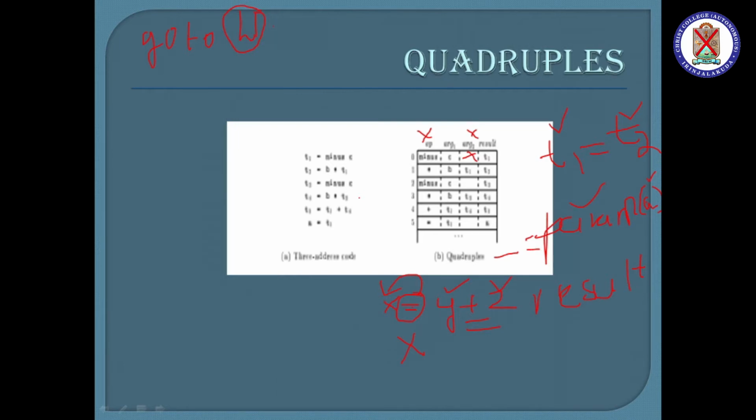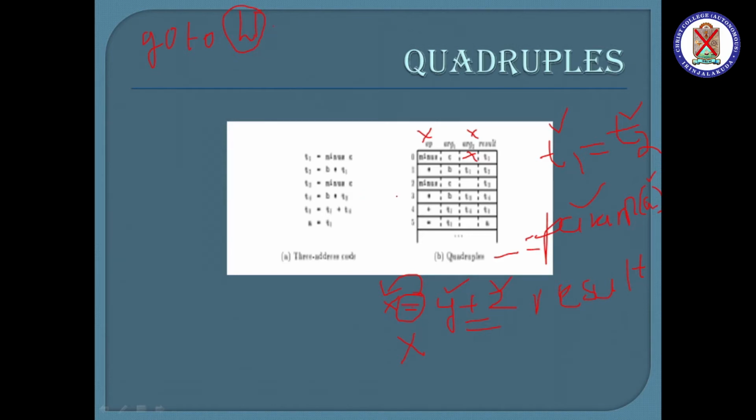The first exception is in the case of the unary operator, the second is in the case of equal to, the third is in operators like parameter passing, and next are the conditional jumps. In a conditional jump, the result will be the label, and with the param operator, there is no argument 2 or result.